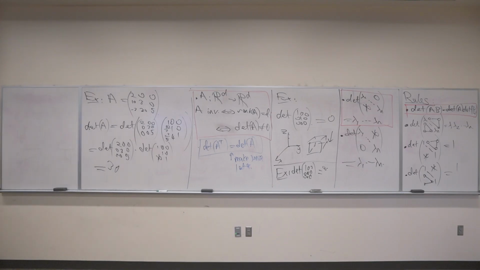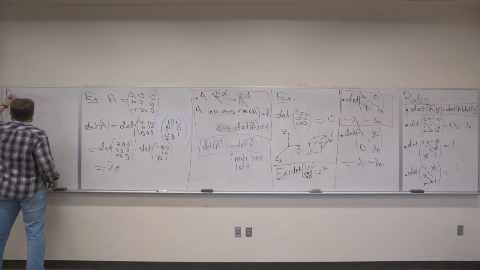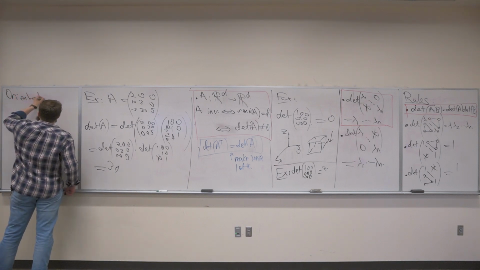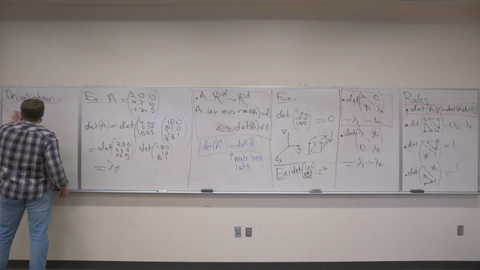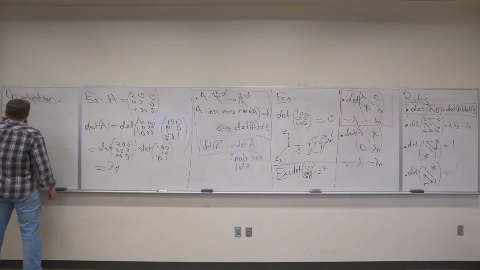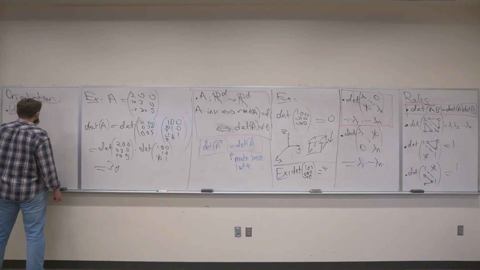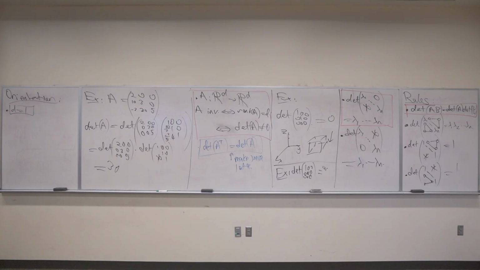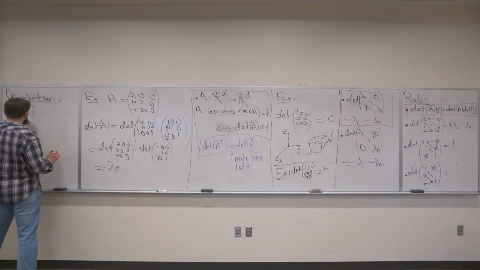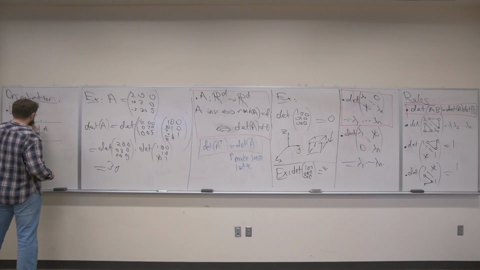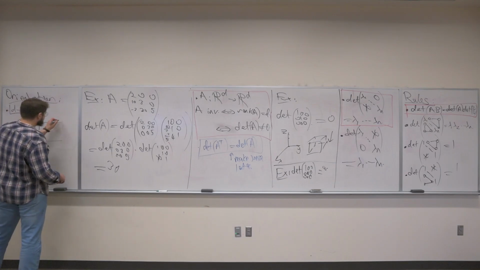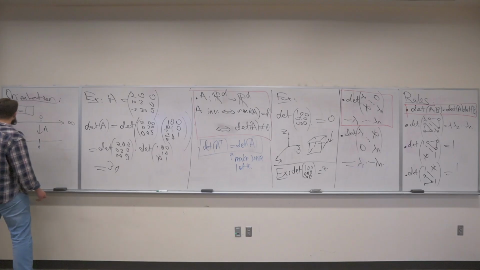Let's start with one dimension. So if you had d equals 1, so you're just a line, and let's say you have a transformation A that transforms the line. Okay, so this is A, here's 0, here's plus infinity, here's minus infinity.